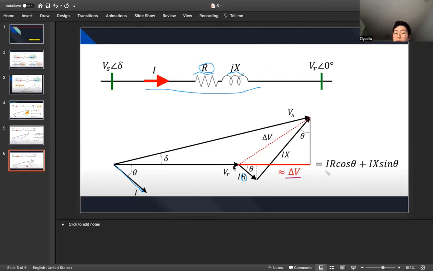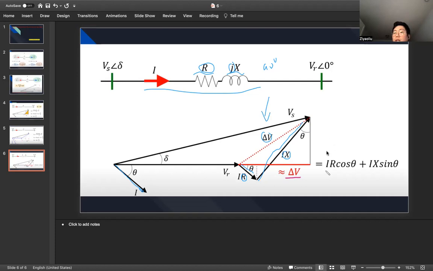So it's the same. But I said j is 90 degrees ahead, right? That's why jX is here. So if we add this part, the red dotted line, this is actually the voltage drop.